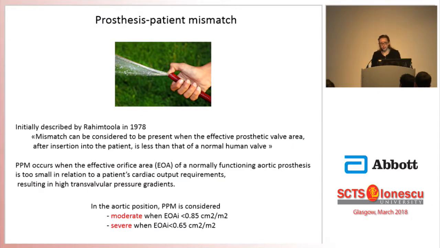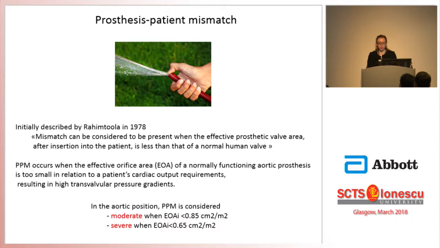So, prosthesis patient mismatch, PPM. When does it happen? It occurs when the effective orifice area of a normally functioning aortic prosthesis is too small in relation to a patient's body size and cardiac output requirements, resulting in a high transvalvular pressure gradient through a normally functioning valve.